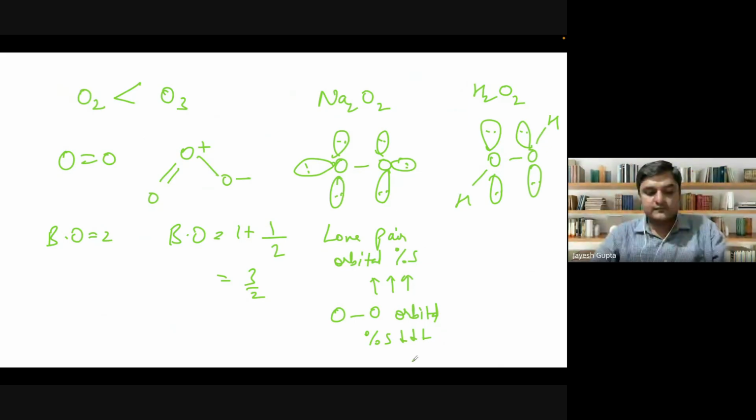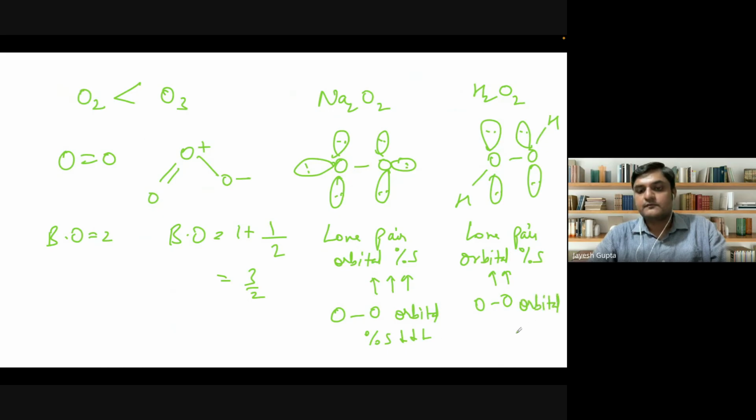Likewise here also, since there are two lone pairs, the lone pair orbital percentage S will increase by a lesser extent, but the O single bond O orbital percentage S will decrease by a lesser extent. So that's why the bond length of Na2O2 will be greater than H2O2.